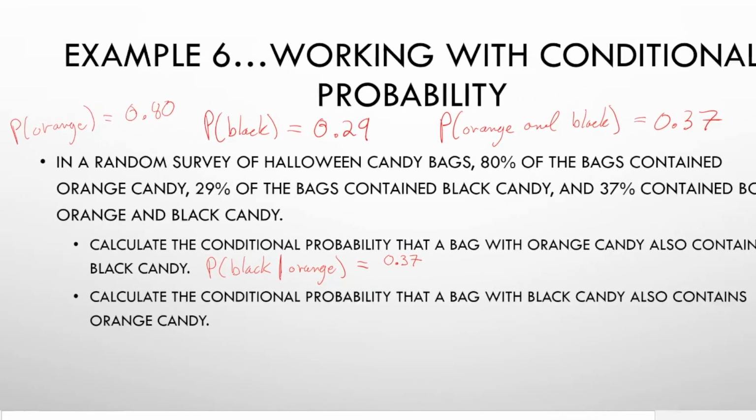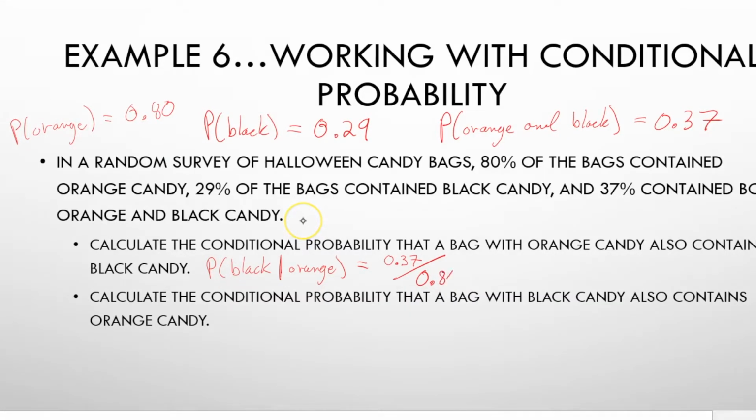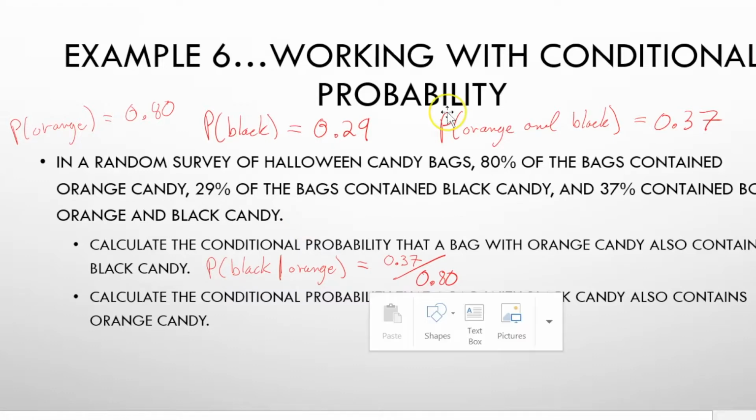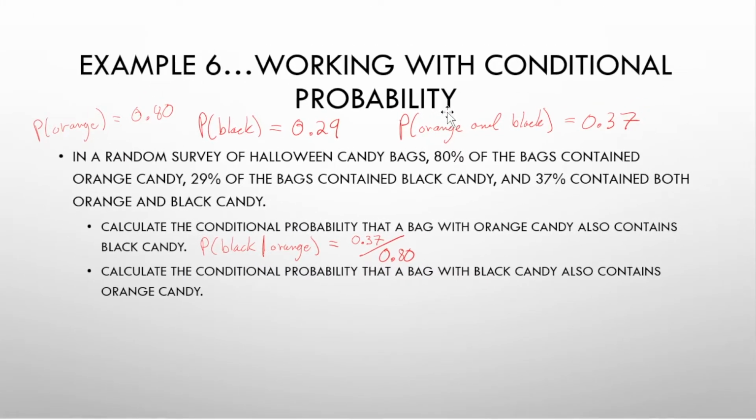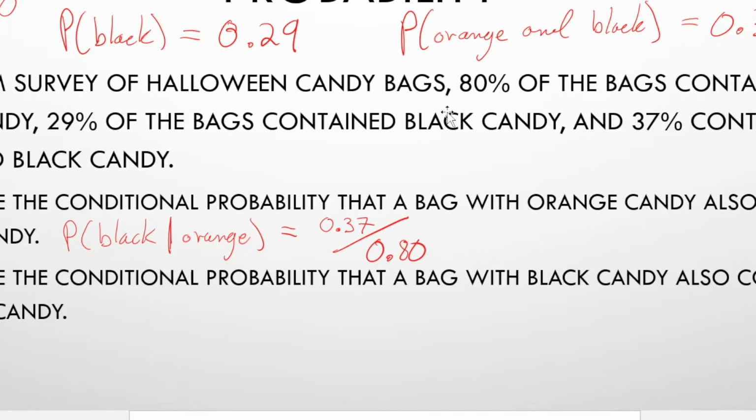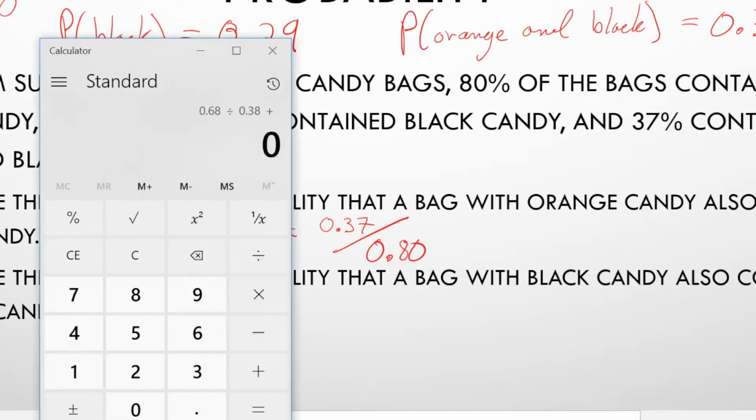So I'm dividing by that 0.80. So when we divide by that, we have 0.37 divided by 0.80, or just 0.8.